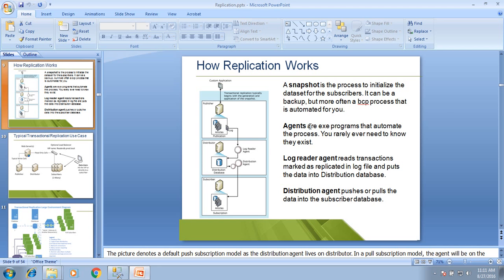The log reader agent is the one responsible for marking the replicated log. If you recall, in the horizontal distribution of data, when a certain tuple is distributed to the subscriber, how are we going to know if this certain data or tuple was already transferred? This log reader agent will be the one responsible for marking the specific tuple or row of data that it was already transferred.